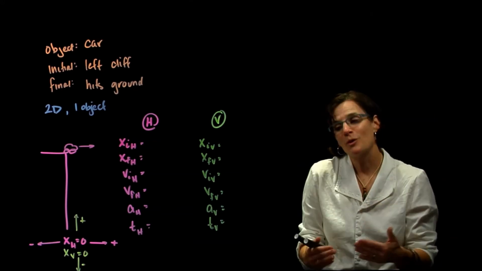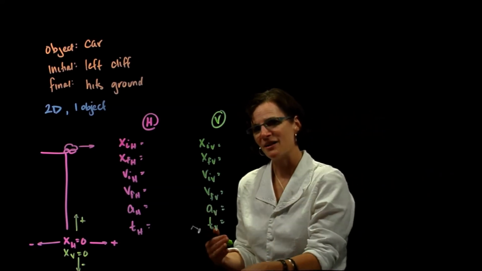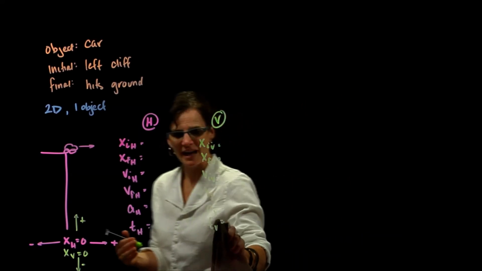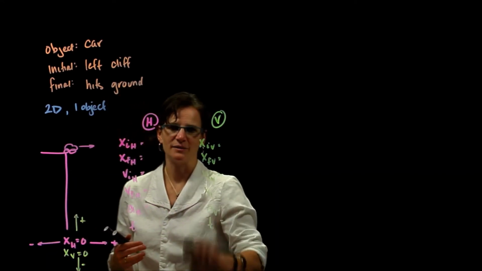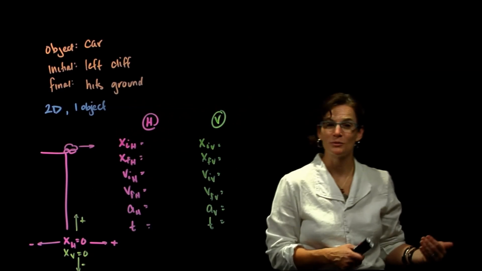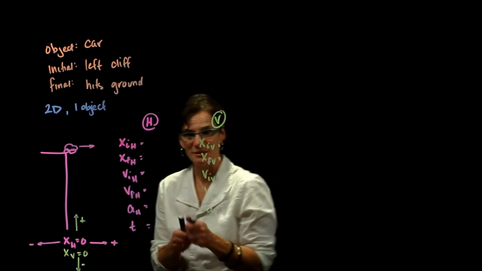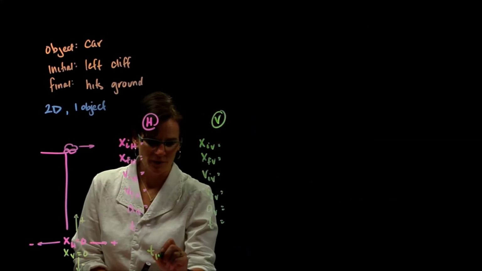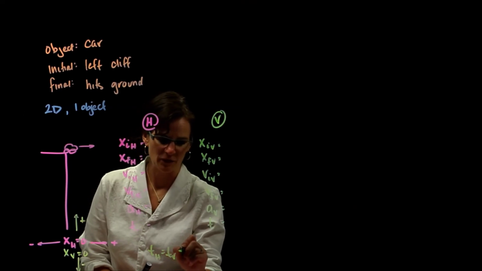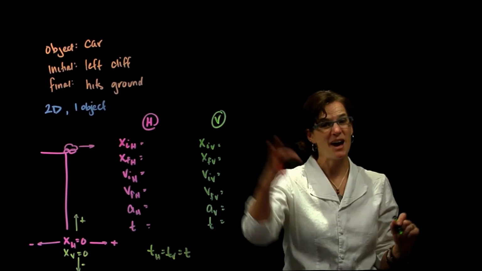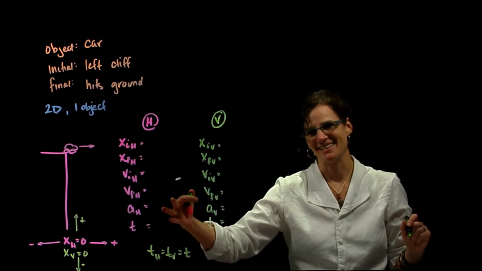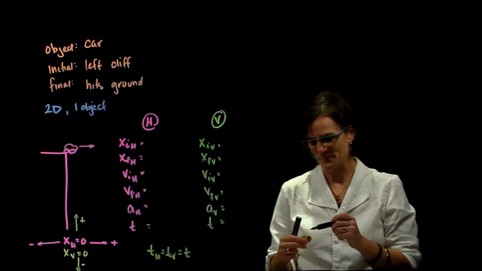So moving forward, I want us to think about that proactively and realize that our times are not dependent on direction, but in fact they're the same, and that's going to be useful for us. We want to keep that in mind, that the time horizontal equals the time vertical. It's the time of the motion, so we're just going to call it t, and now my 2 lists are connected, and that's going to be important for us.